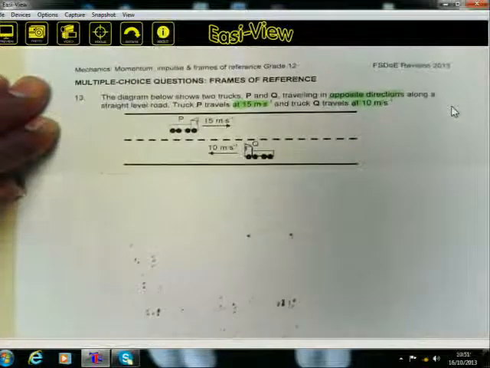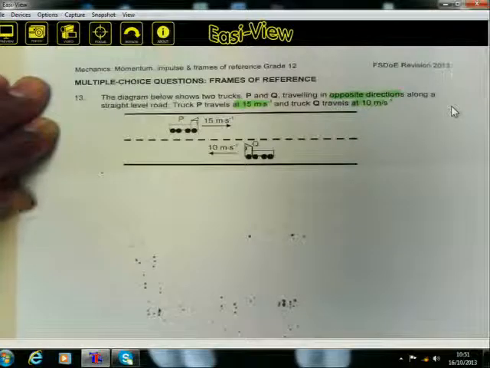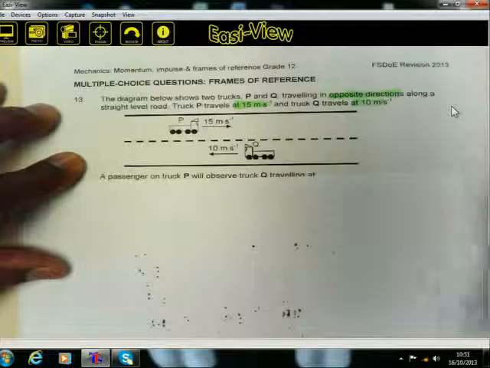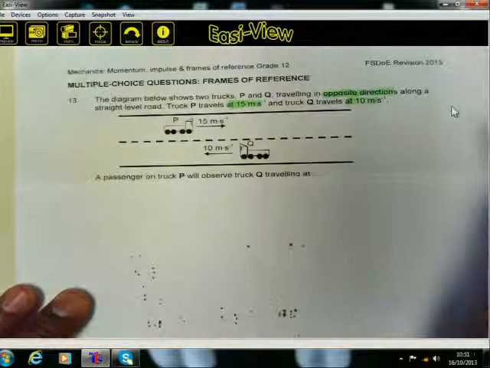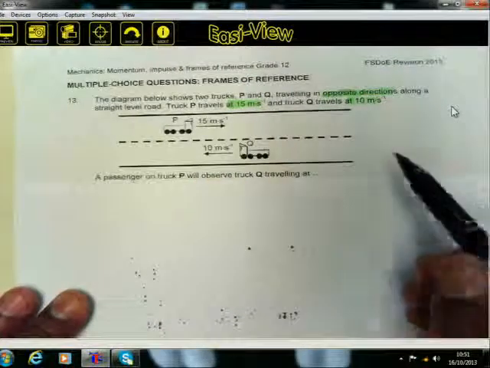This comes from a compilation of questions where we have questions on momentum and also questions on frames of reference. So I've opted to start with the frames of reference, and you will see that this section does not have many questions in the paper. However, it is also important that we understand, because those marks are also important, and above all, you are going to use that information also when you go to tertiary institutions.